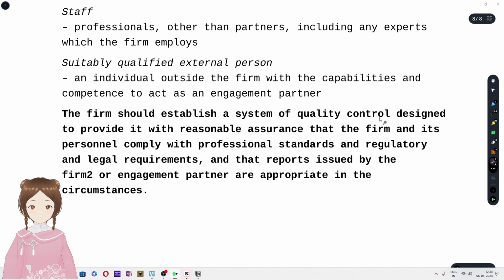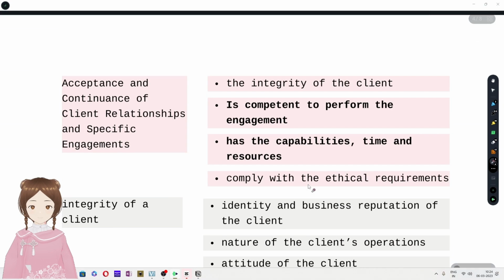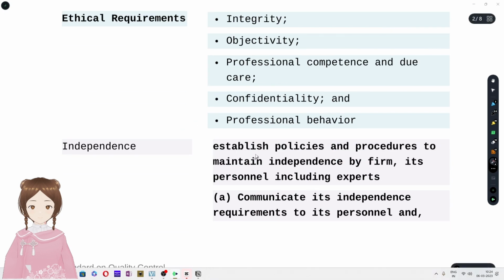You think that it was the responsibility of the management, and they have to communicate, and it had to comply with professional standards, regulatory requirements, and reports have to be issued and be appropriate in the circumstances. One after another, the link comes, and you can remember almost most of the information. So this was relevant to the objective.